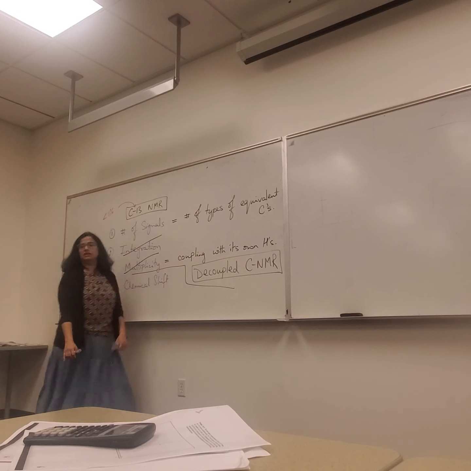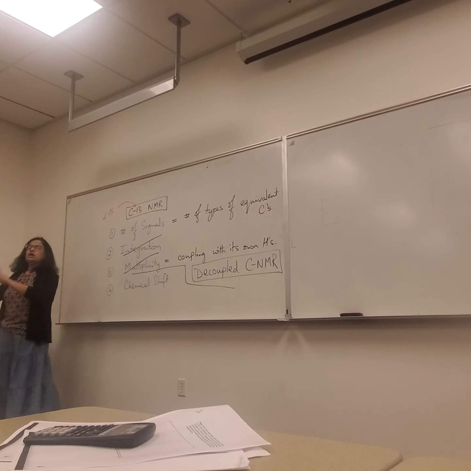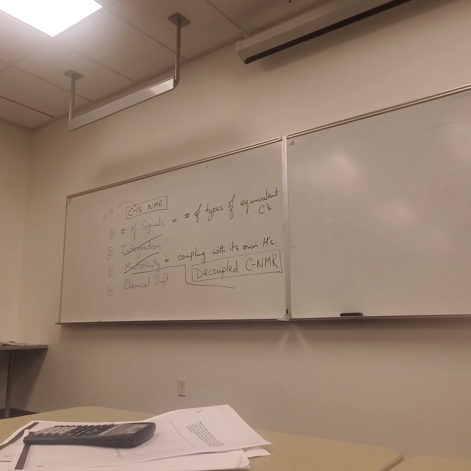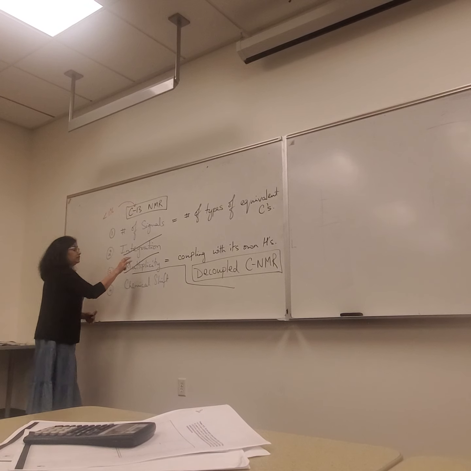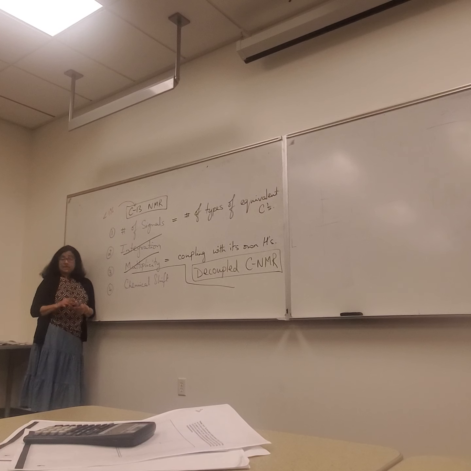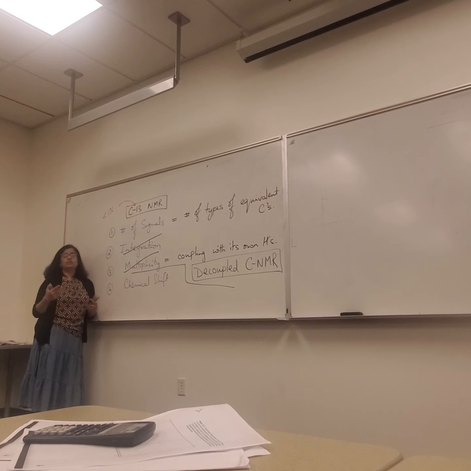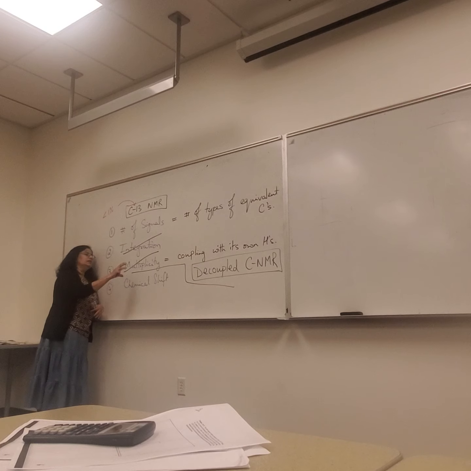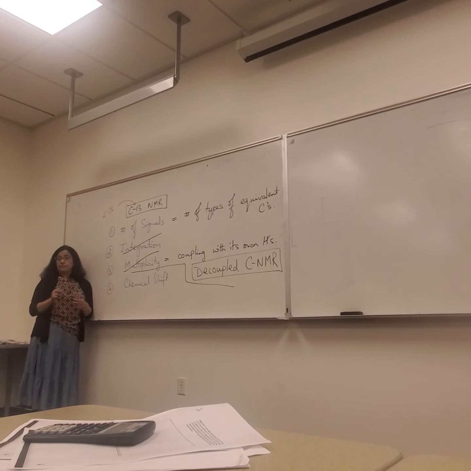So no multiplicity. Everything will be singlet. All carbon signals will be single lines because we will turn this off. We good, everybody? Can we turn it on? Yes, we can. The only thing is the spectra become pretty crowded because there are so many hydrogens and stuff. It's really not convenient, so it's better to turn it off.